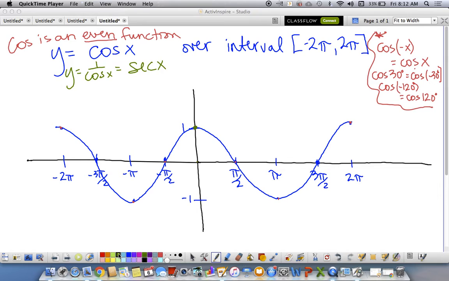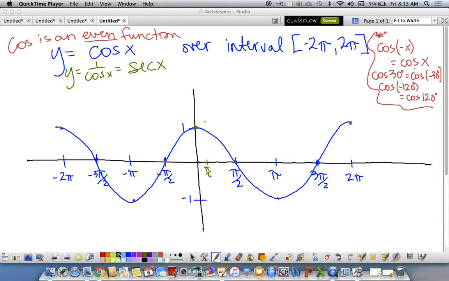So yesterday, we talked about this, but what if we go to 30 degrees? Cosine 30 degrees, 0.866025, and so on. Now take the reciprocal of that. 1 divided by 0.866. 1.15.